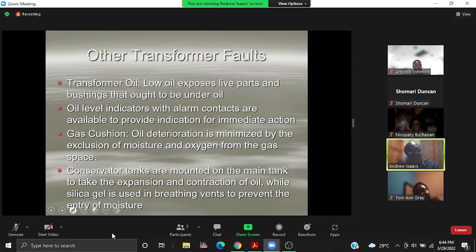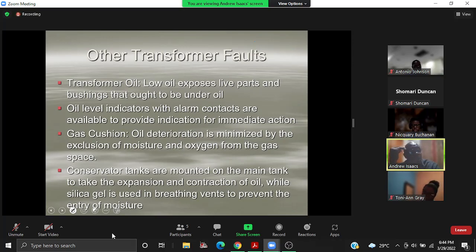So in terms of the faults on the oil, they are going to cause the oil, technically speaking, to boil, therefore producing gases. And once the gas rises, it will remove that cushion below the ball in your Buchholz relay.